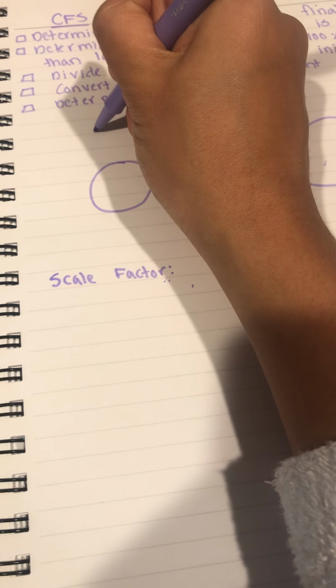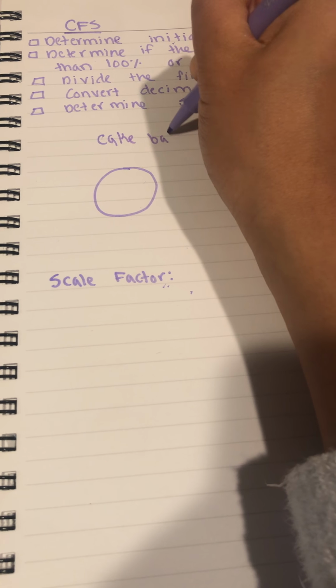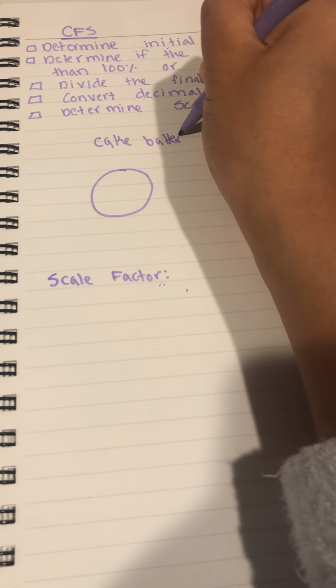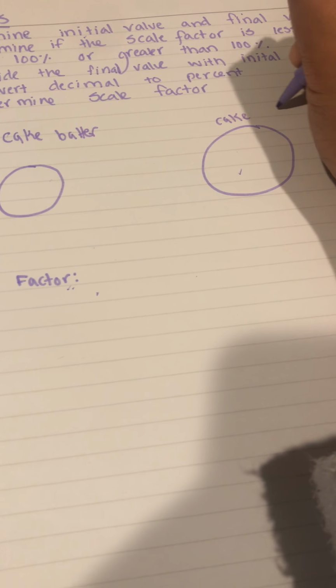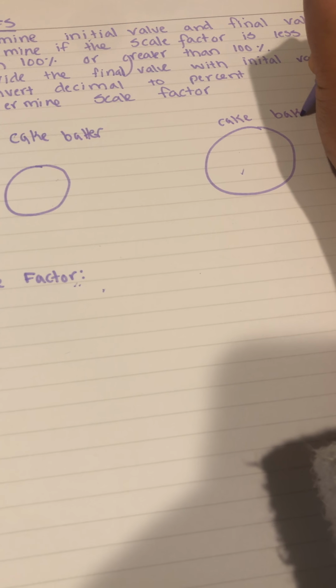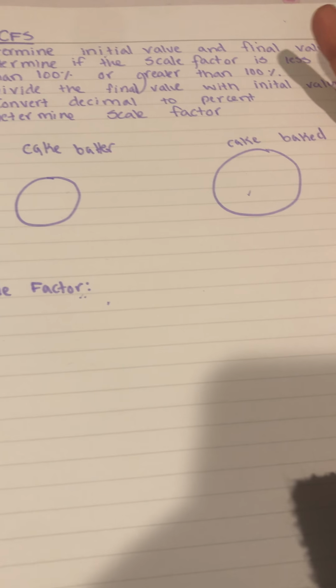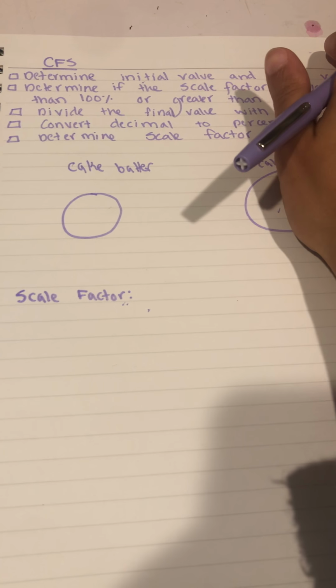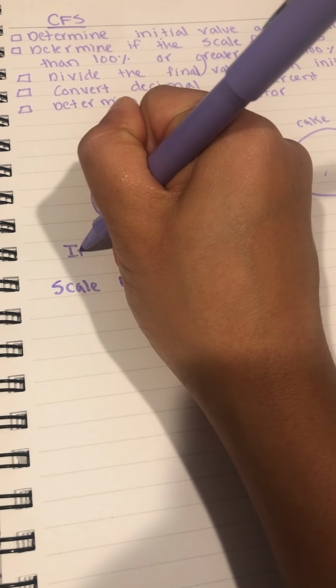So we're talking about the cake batter, and this was the cake. I'm just gonna put baked because what I measured was the cake batter and then after, once it got bigger. Okay, so the cake batter is the initial value.